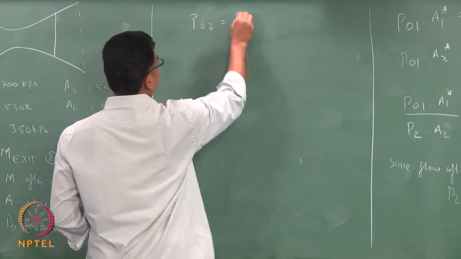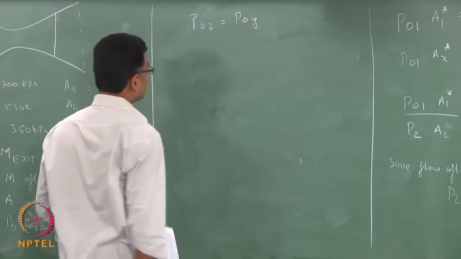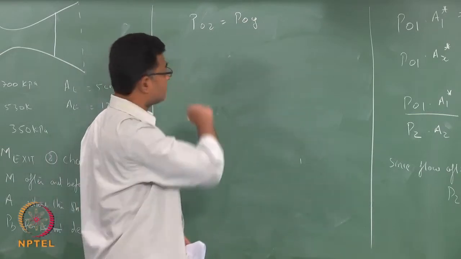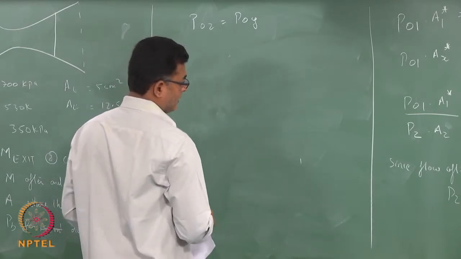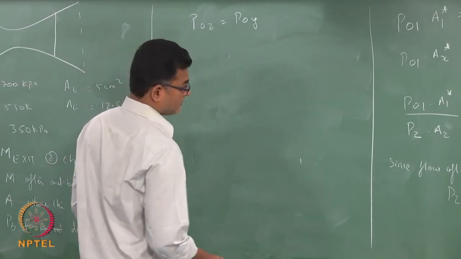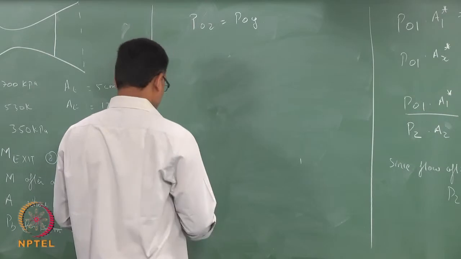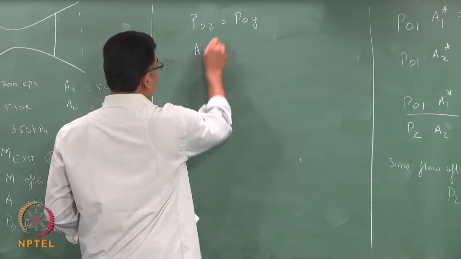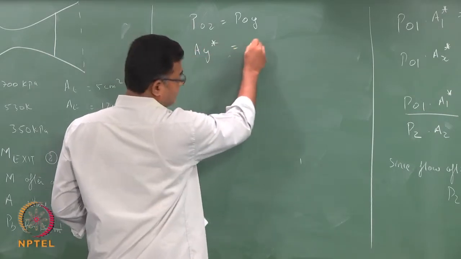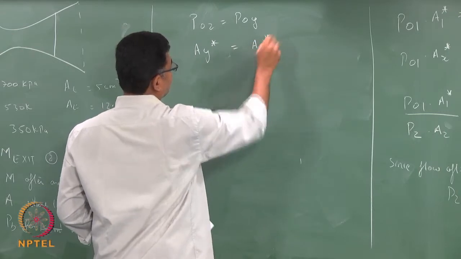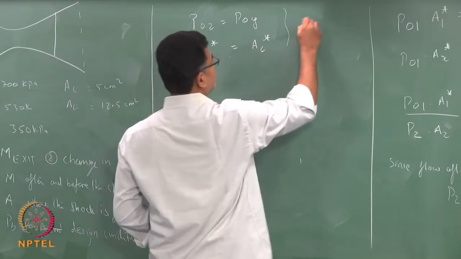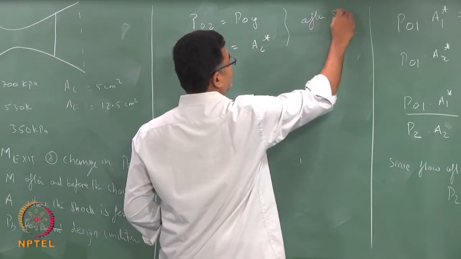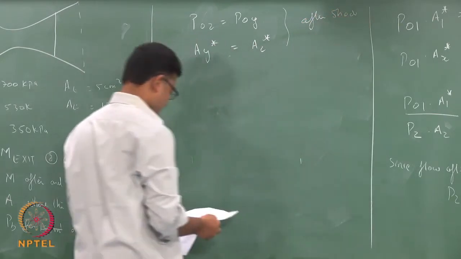P02 is also your P0y, because that is your stagnation pressure after your shock, okay, and P2 is your PB, and your AY star is your A2 star, because again that is an isentropic flow after your shock. This is after my shock, okay.